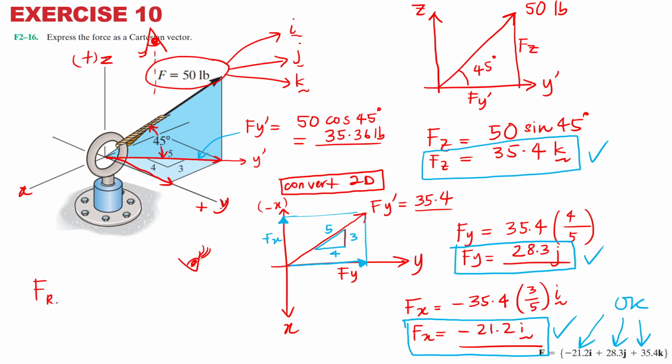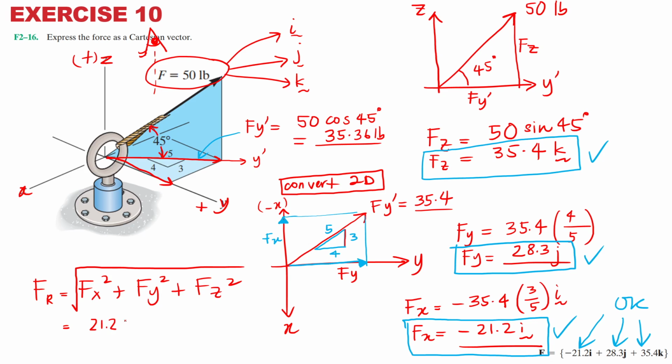So if you want to check, use this formula: Fx squared plus fy squared plus fz squared. Take out this I. So remember to square root. So fx 21.2 squared plus fy 28.3 squared plus fz 35.4 squared.